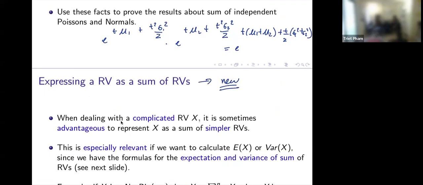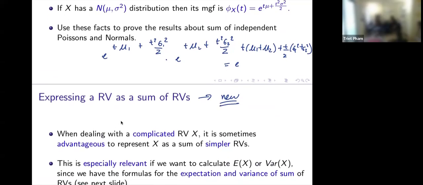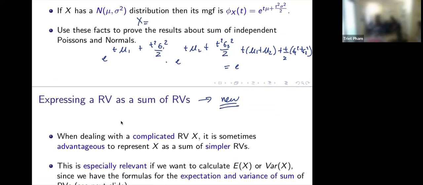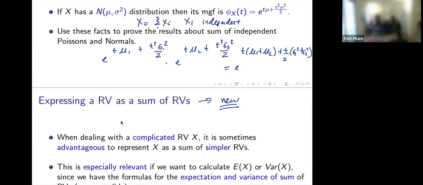Okay. So the idea so far is, we have a random variable, and we analyze how it is a sum of other random variables, independent, and then we exploit that fact to prove something about the X. But in all this discussion before, up to now, the Xi are somehow given to you.